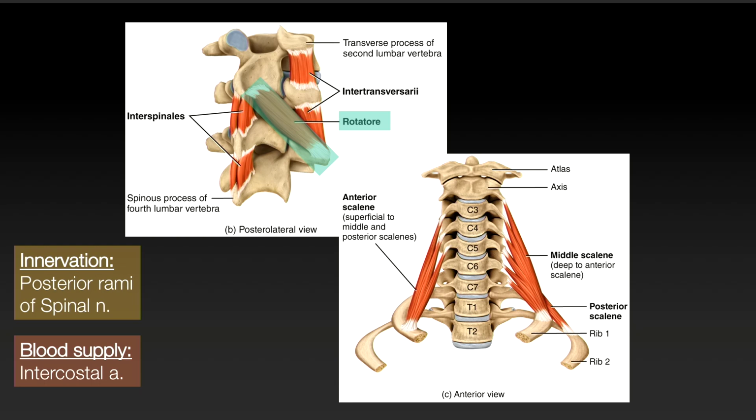The spine extends above the ribs, above the clavicles, above the shoulders, and the scalenes help to support and articulate and move the vertebral column in the absence of ribs. Everything that we've looked at so far articulates with the ribs and the vertebrae. These articulate between the most superior first and second ribs and the vertebrae above them.